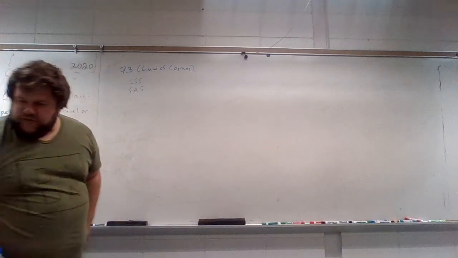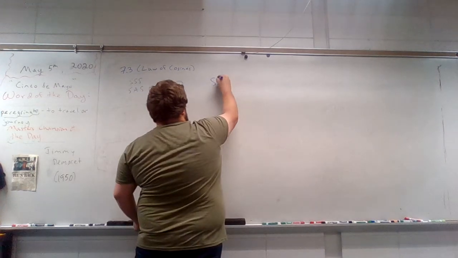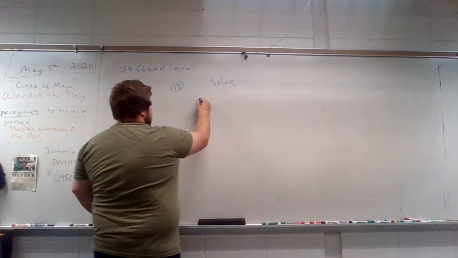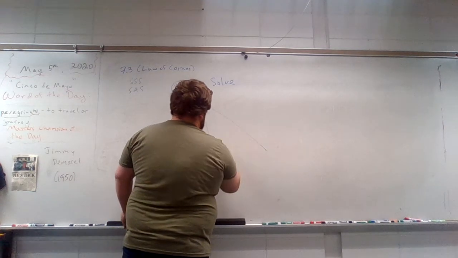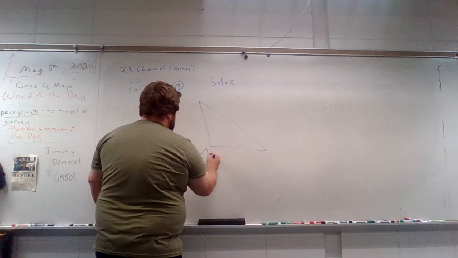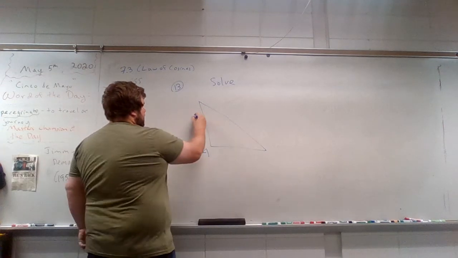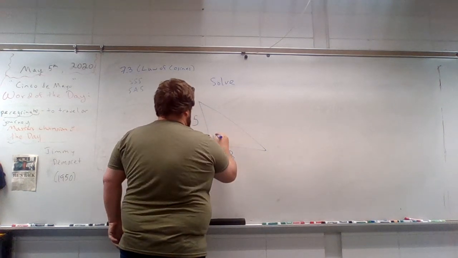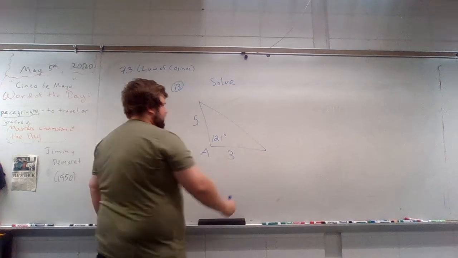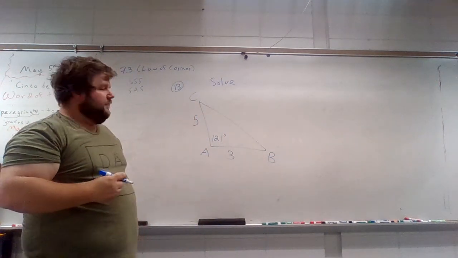But I want to do 13 where it says solve. I've got this triangle right here. I've got A, and I have 5, 3, 121 degrees, B and C. Solve that triangle, right?